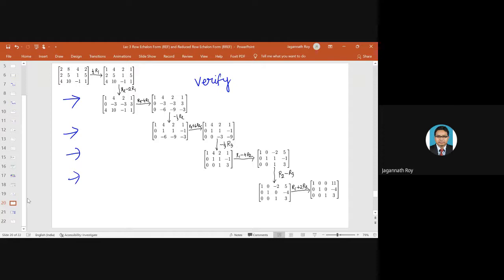Just write the operations that you are doing. All the row operations you have to write. In each step, I have written only one step, so that we do not make any serious mistake. So try to verify.